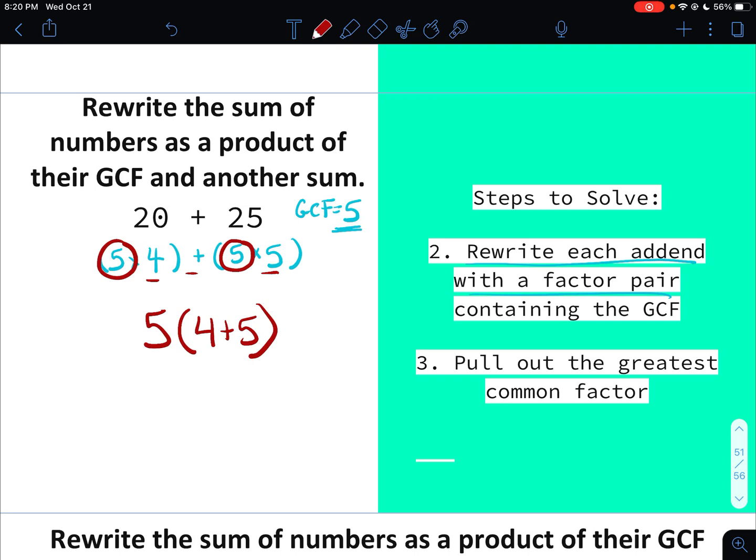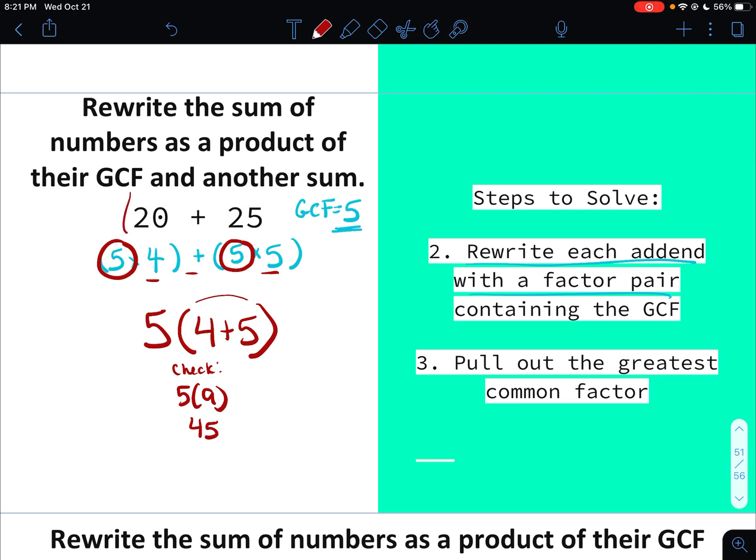So one thing I didn't show you in the last one, just because I didn't want to overwhelm you, is the fact that you can check your work. Just in case there's a chance you went wrong, I would keep going with this problem. So your brain would do 4 plus 5, which is 9. And this is the check. And then 5 times 9 we know is 45.